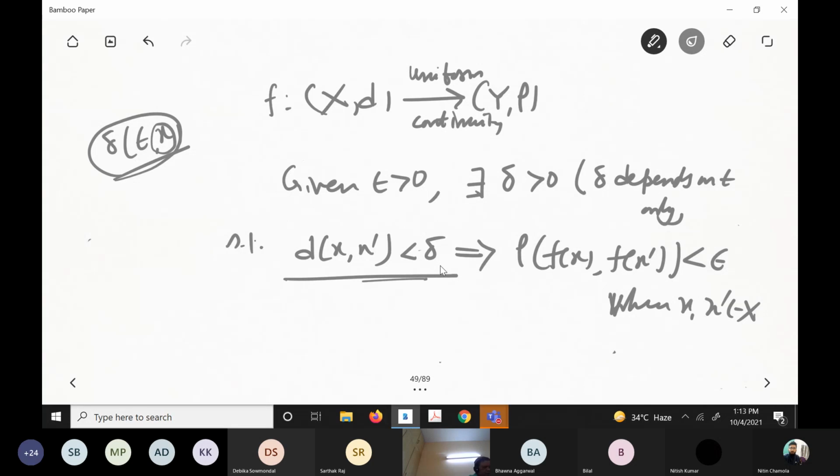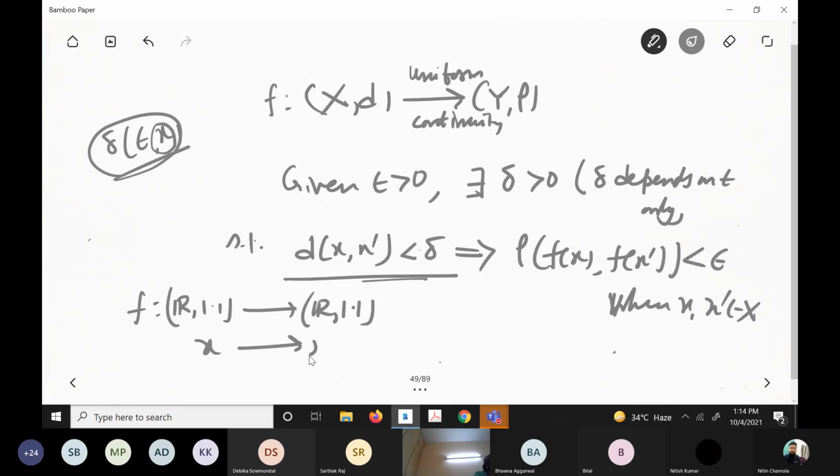Now look here. I was just giving an example that you should check. This is not uniformly continuous, but restrict the domain to a bounded subset, same function. So I told you the domain also matters.